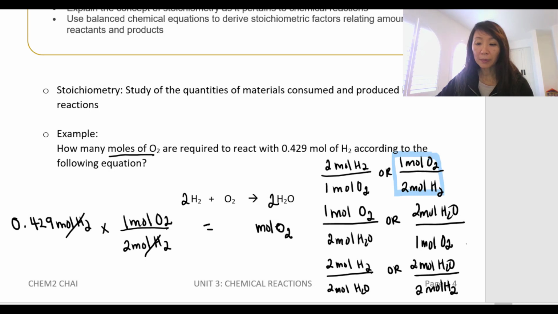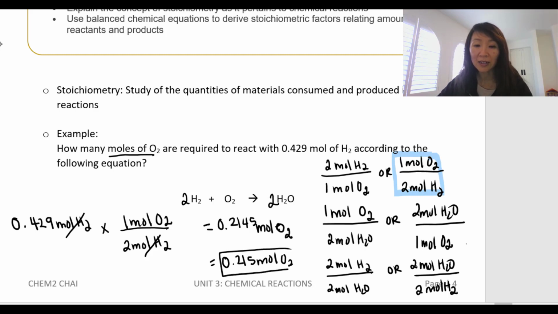The calculator spits out 0.2145. Notice that this problem starts with 3 significant figures, so we want to end with 3 sig figs. So here it's 0.215 moles of oxygen. That should be the final answer.